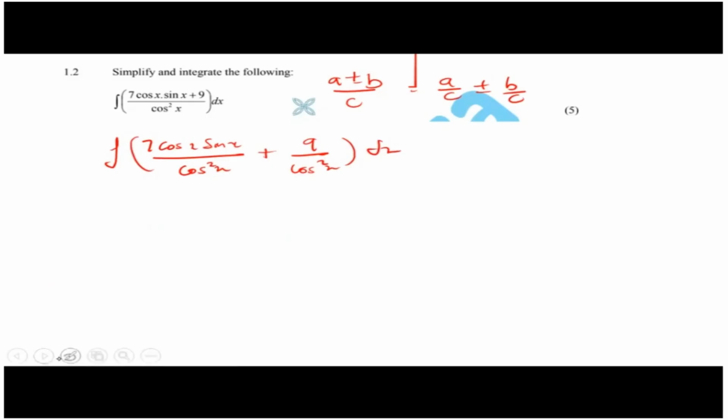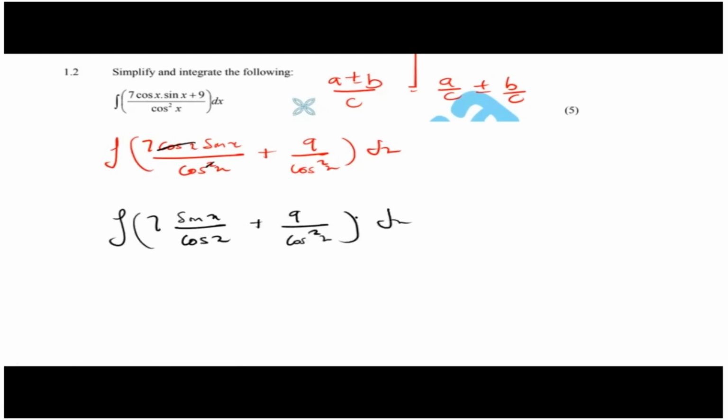If you cancel out, you're left with the integral of 7 sin x over cos x plus 9 cos squared x dx.